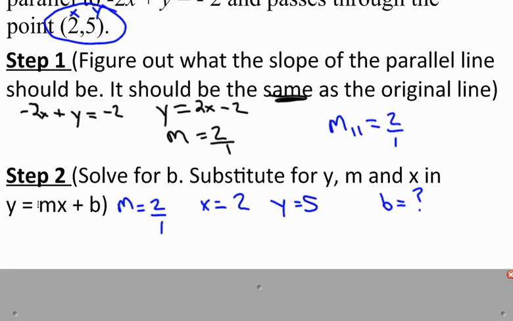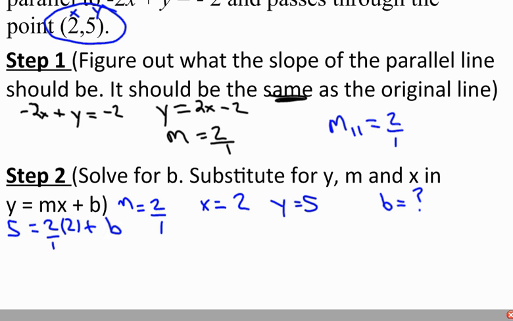So we're going to substitute for y, for m, and for x. So it's going to say 5 equals 2 over 1 times 2 plus b. Let me rewrite that b over. Now what I have to do is solve for b.